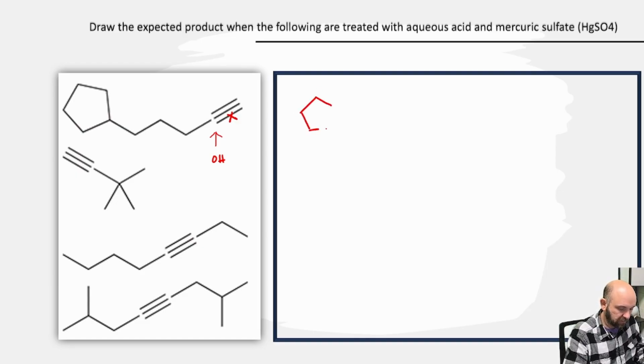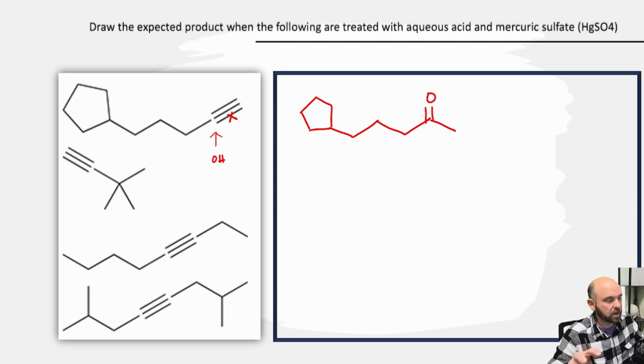So we would have the cyclopentyl group there, and 1, 2, 3, 4, 5 carbons in the chain. And on the Markovnikov carbon, we'd have a double bonded oxygen. And this is a methyl ketone because, for reference, this is the ketone group.